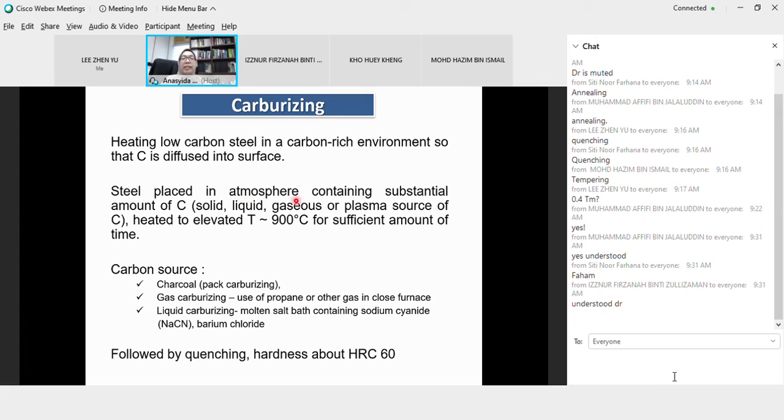We also have gas or plasma sources. For this one we have to heat to above around 900 so that we can combine two processes together: the diffusion of carbon as well as heating the sample up to the austenite region. Kan? So when the carbon diffuses, you have to hold for a certain amount of time to ensure that all the carbon is diffused and the temperature of the outside is brought up to the austenite region.